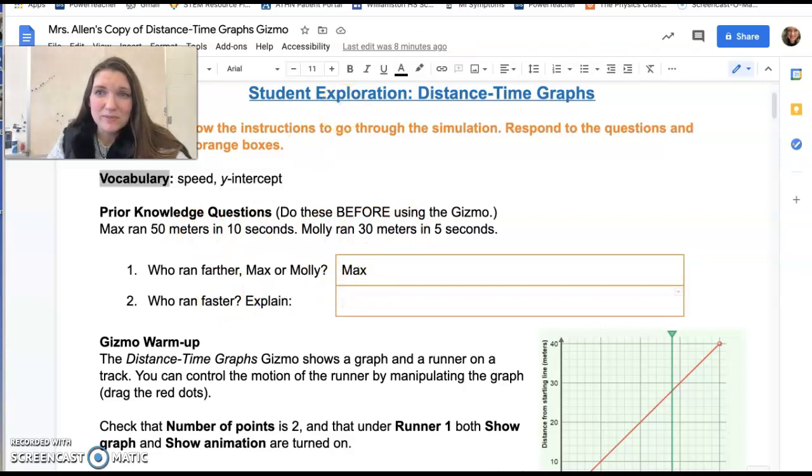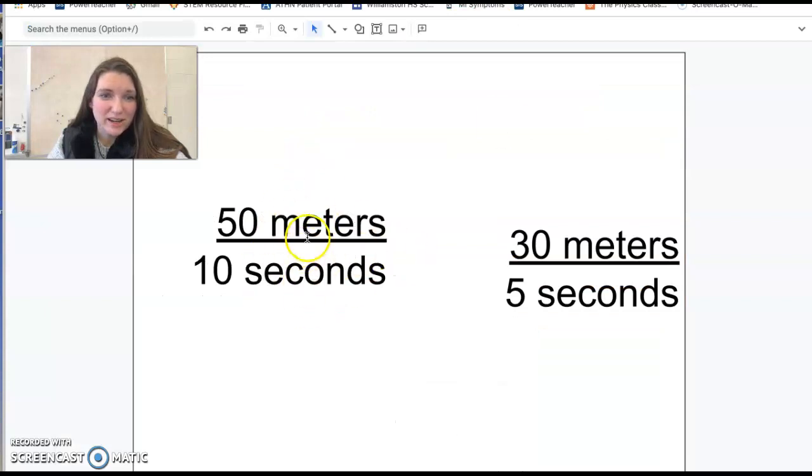In order to do that, I would like to write it out. So this is Max over here, and this is Molly over here. To find out whose meters per second were greater, I just need to divide. So 50 divided by 10 is 5. 30 divided by 5 is 6, right? Because 5 times 6 is 30.